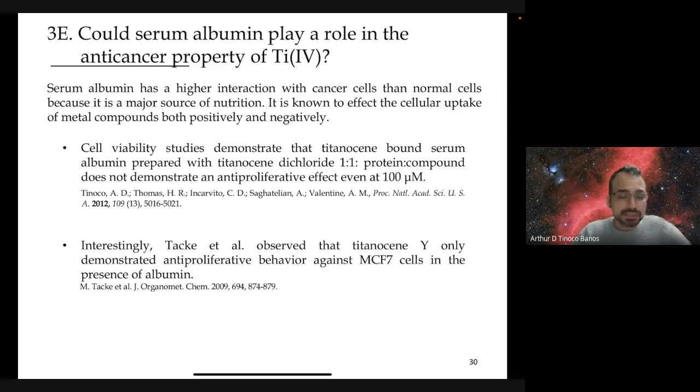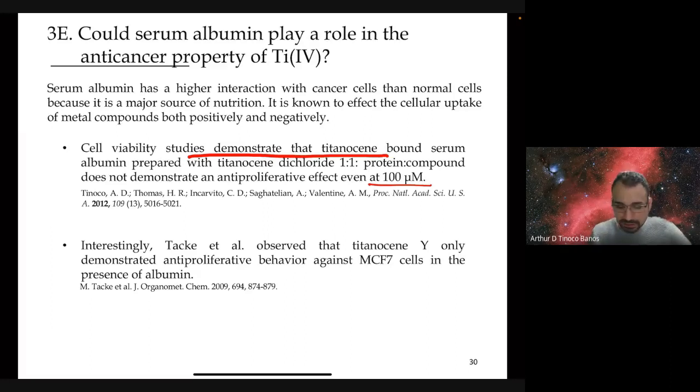There have been cell viability studies that have demonstrated that titanocene-bound serum albumin, prepared in a ratio of one metal compound to one protein molecule, does not demonstrate much of an anti-proliferative effect. Similar to what was observed with serum transferrin, you would need a high concentration of the titanium serum albumin compound to have any sort of effect.